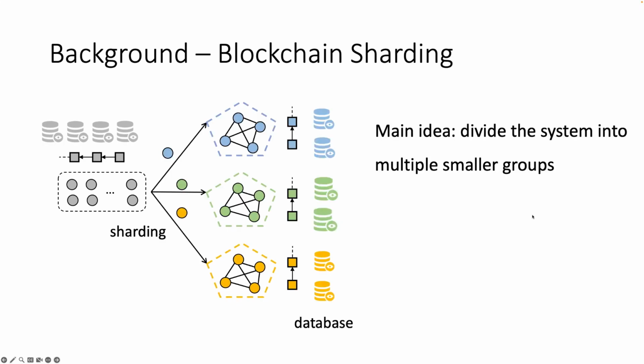The idea of sharding is to divide the system into multiple smaller groups, where each group, or shard, takes a share of the workload of the whole system. Specifically, in a sharding system, each shard can handle transactions in parallel, so the transaction throughput can be increased significantly.